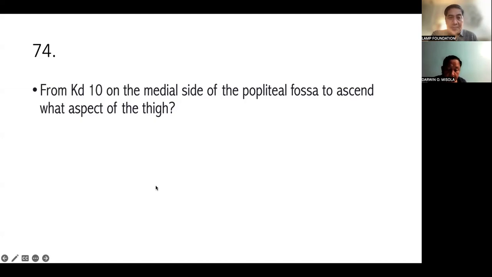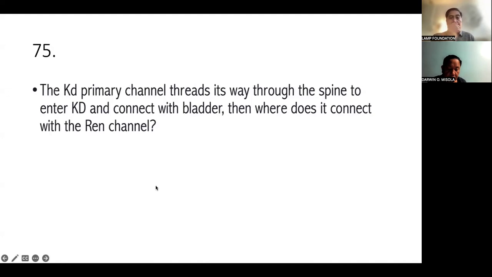Number 75, at REN 3, REN 4, and REN 7. So where does it connect? REN 3, REN 4, and REN 7.